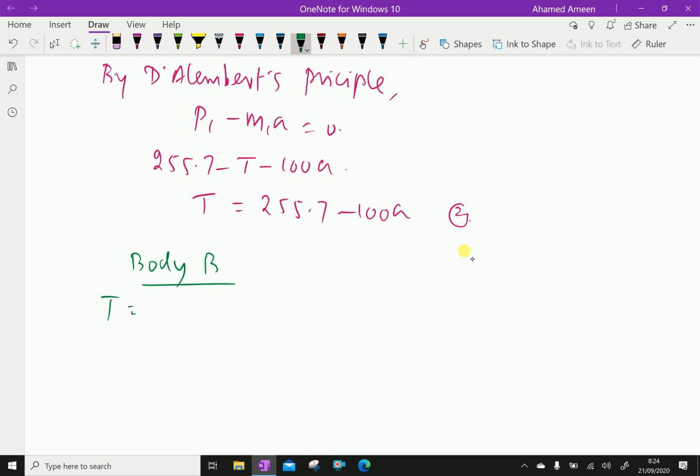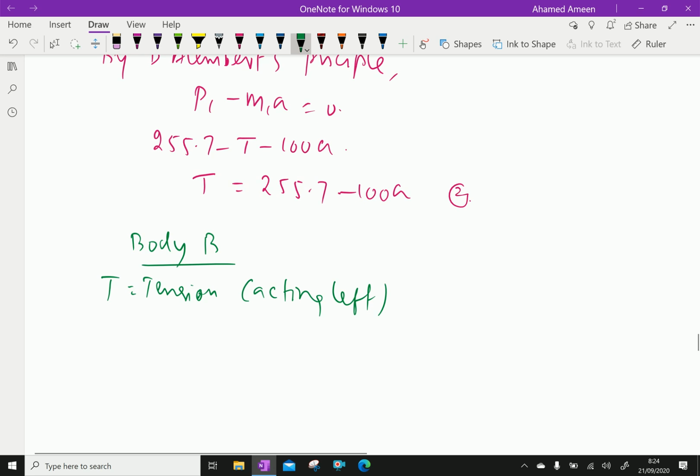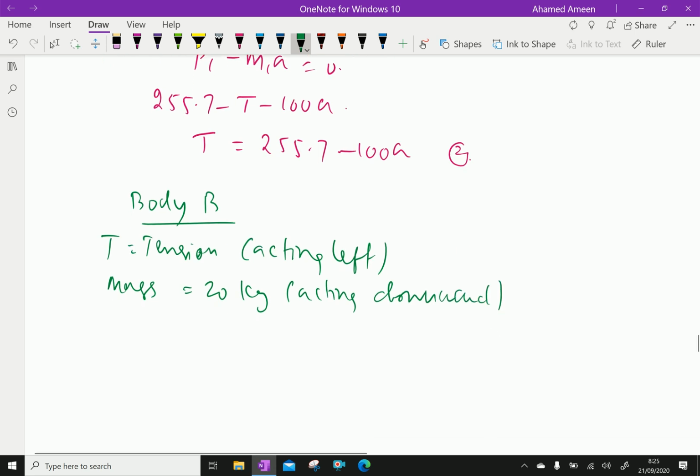Tension T acts left, mass 30 kg acts downward, and reaction R2 is 30 into 9.81, which equals 294.3.